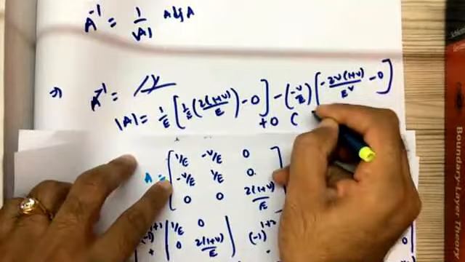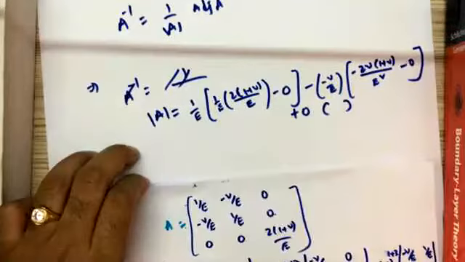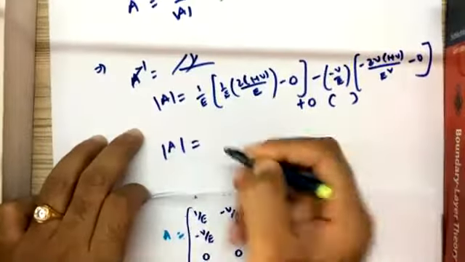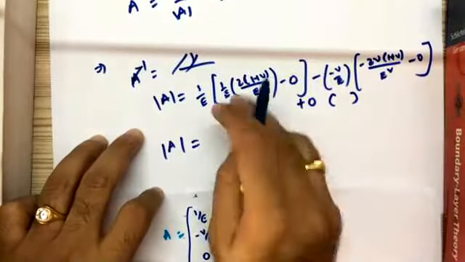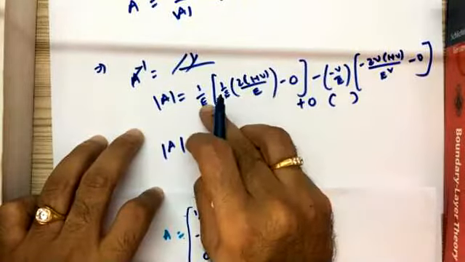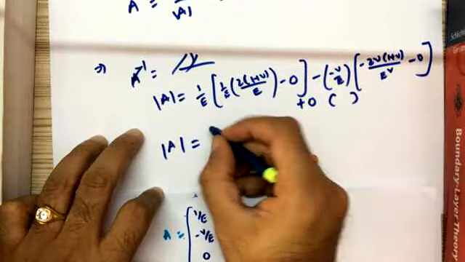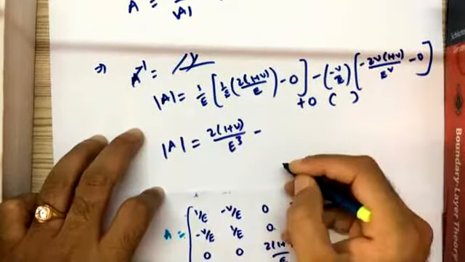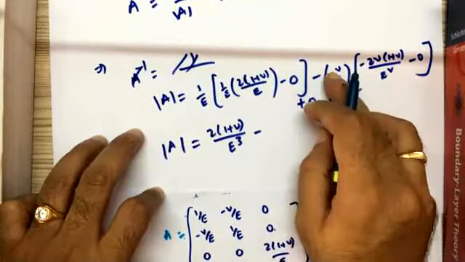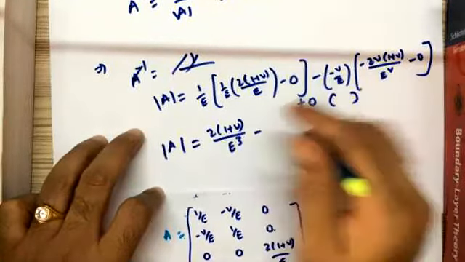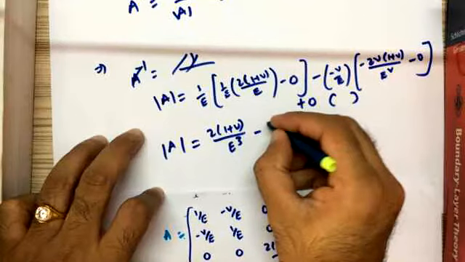So what is my det A now? Det A is equal to 2 into 1 plus nu by E square into 1 by E. That is 2 into 1 plus nu by E cube minus, minus into minus plus, plus into minus minus. So minus into 2 nu square into 1 plus nu by E cube.